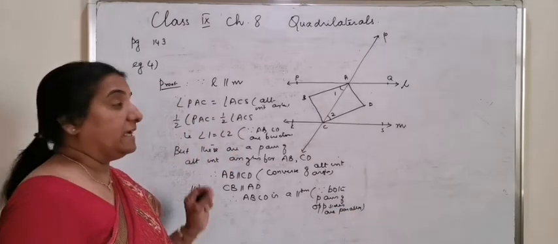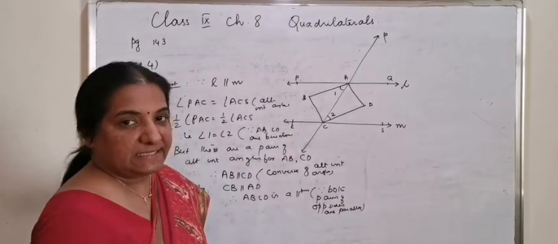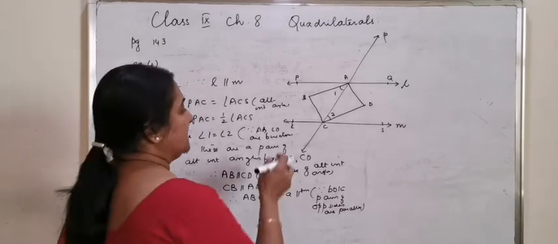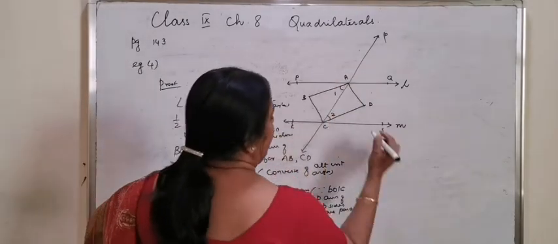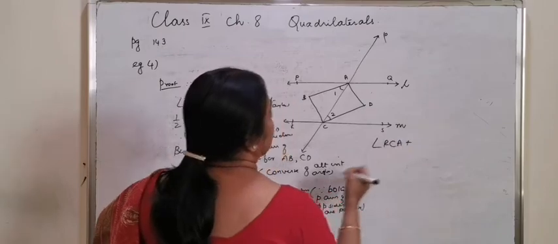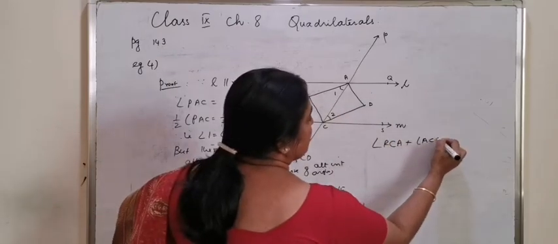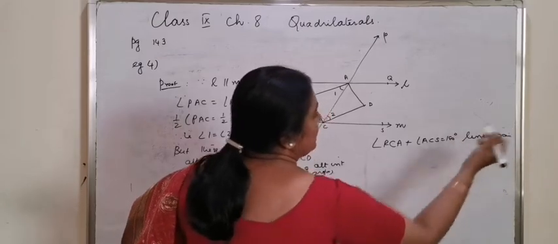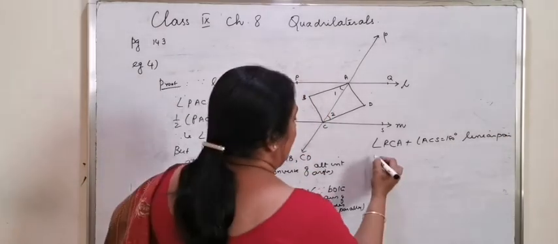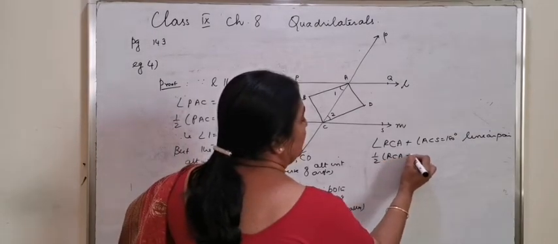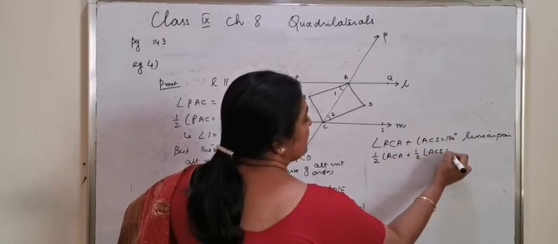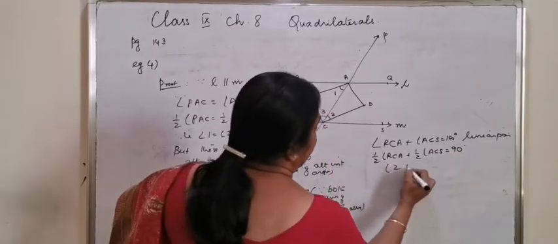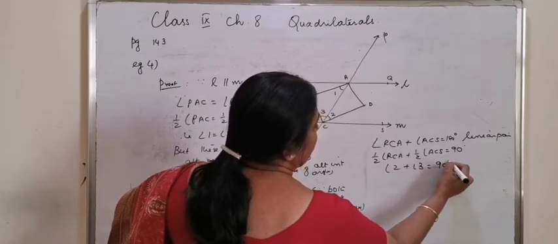Now we have to prove that any one angle is 90 degrees. Let's take a linear pair of angles. That means angle RCA plus angle ACS is equal to 180 degrees, by the reason of linear pair. Half angle RCA plus half angle ACS is equal to 90 degrees. That is, angle 2 plus angle 3 is equal to 90 degrees.